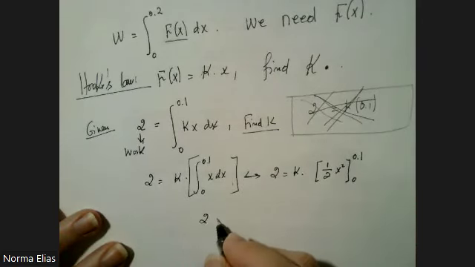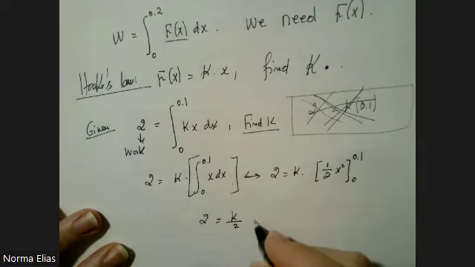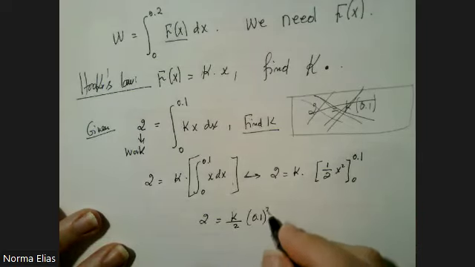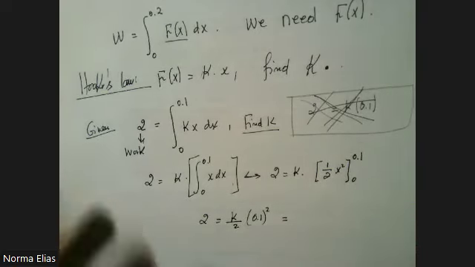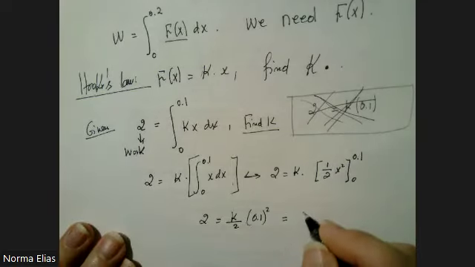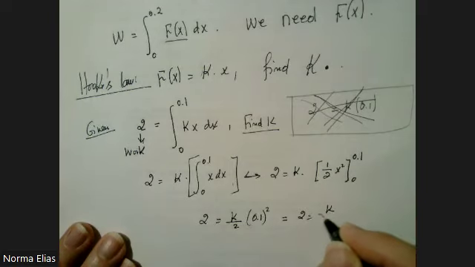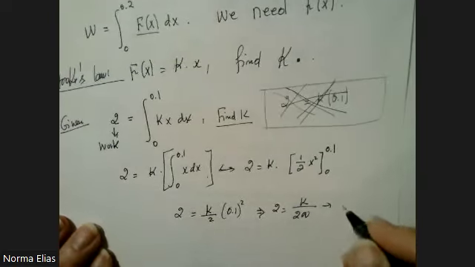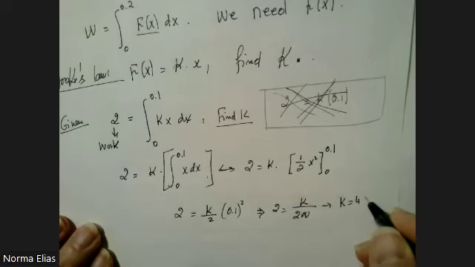It means 2 equals k over 2 times 0.1 squared, because I have 0 down here. 0.1 is 1/10, so 0.1 squared gives me 1 over 100. So 2 equals k over 200. It means my k is 400.